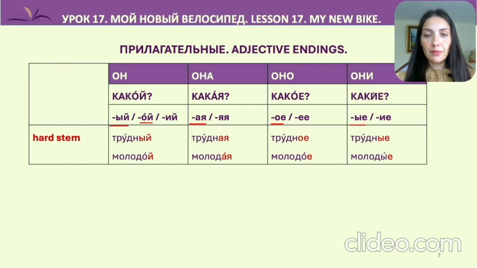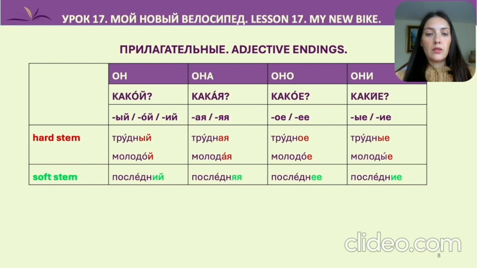Let's move on. The next one, maybe you can already guess. If the first one is hard stem, the next one will be soft stem. So what's the difference is that the last consonant of the stem, the one that precedes the ending, will be soft, which will make all the vowels soft. Like in this example, последний.